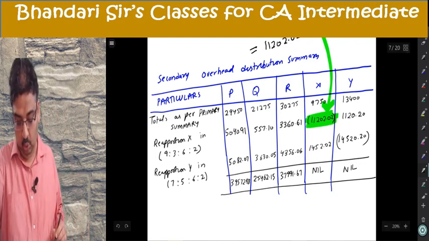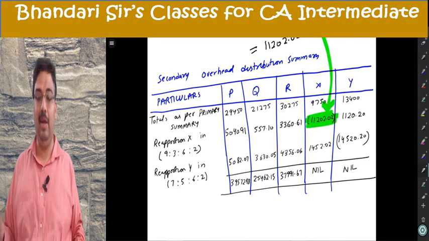They are all totals from overhead redistribution.